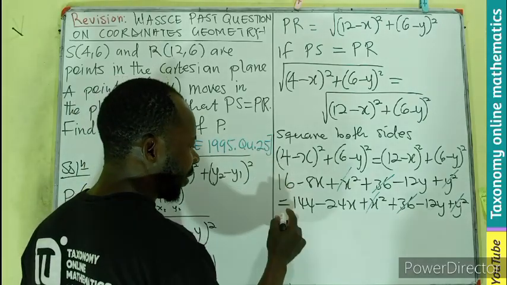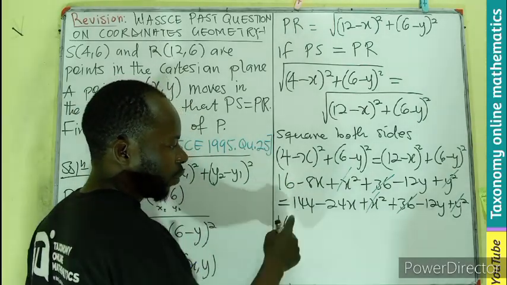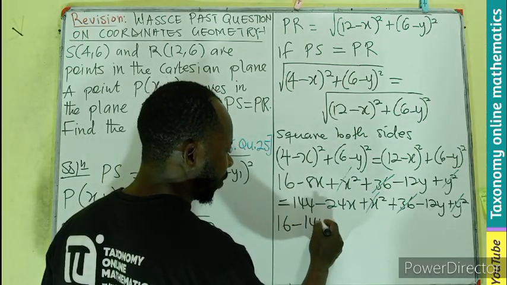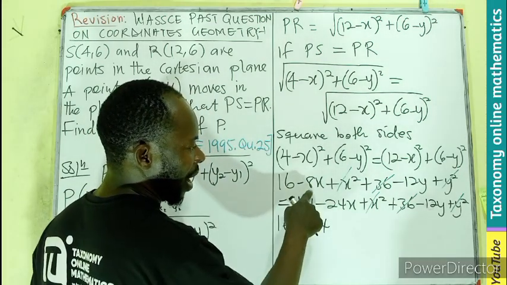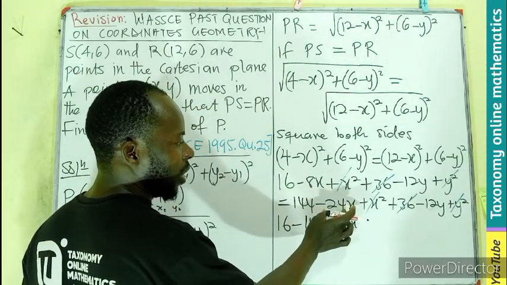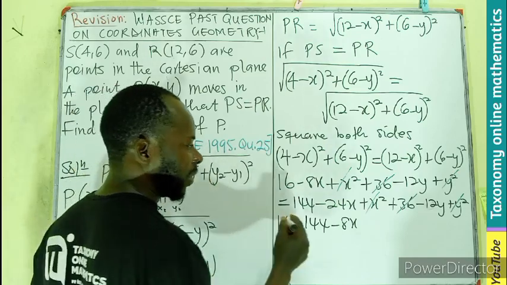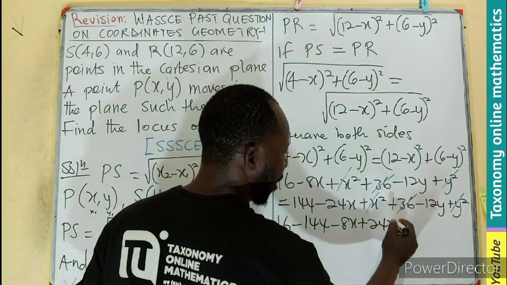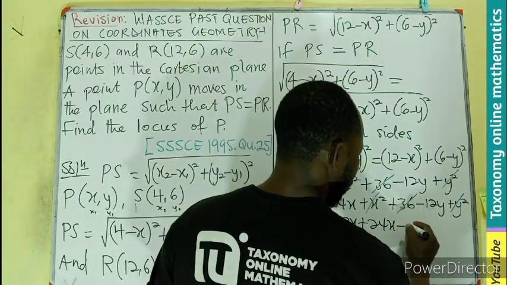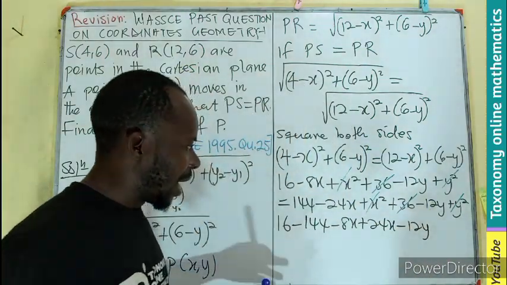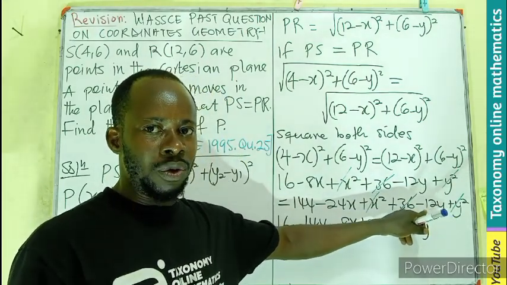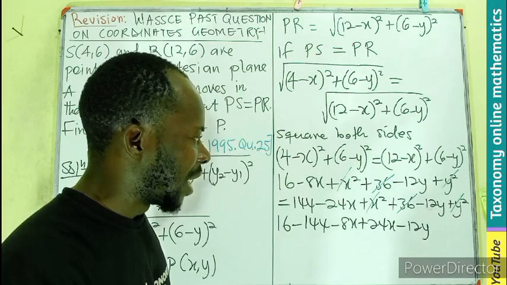We have 16 on the left, and sending in 144 from the right, it becomes negative 144. We have our minus 8x on the left, and 24x from the right becomes positive 24x... hence 16x in total. The minus 12y and the plus 12y also cancel.